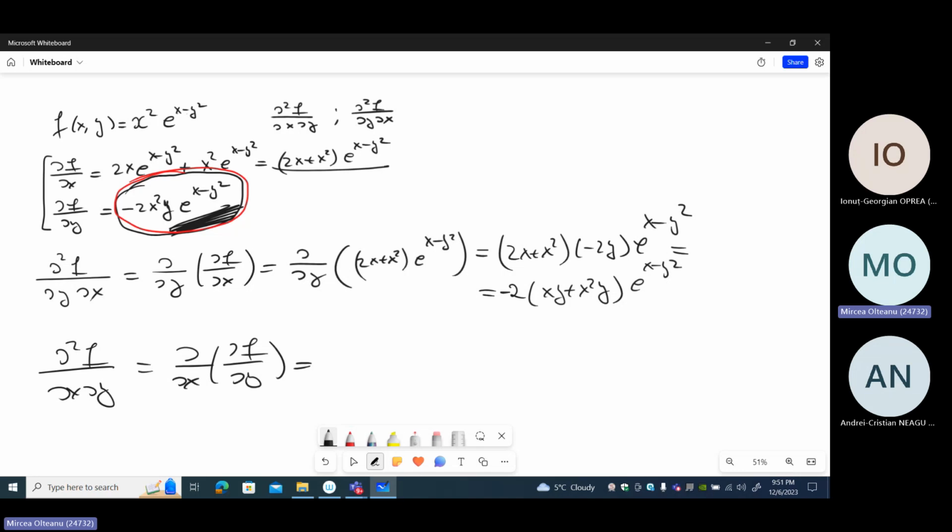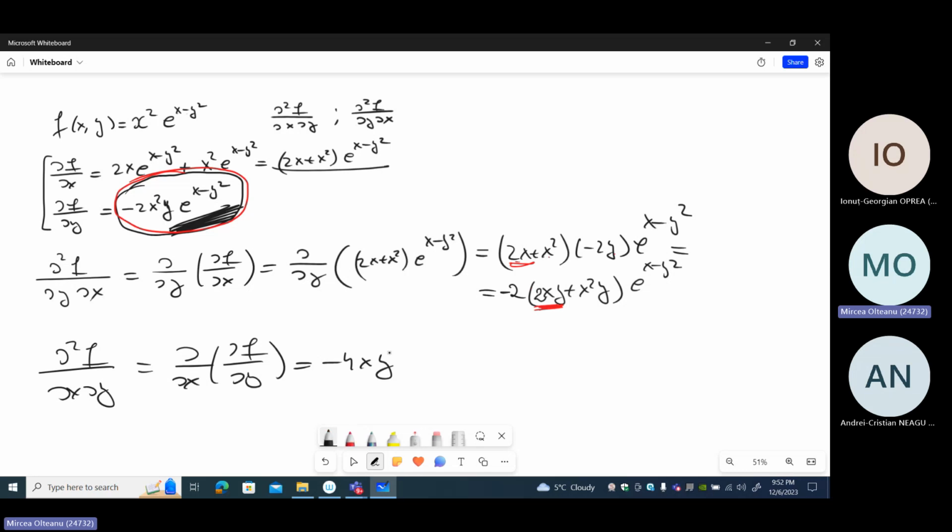So it will be minus 4xy times. Here I missed something because here it's 2xy. Attention. Here it's 2xy, because it's this one: 2xy plus x squared y.